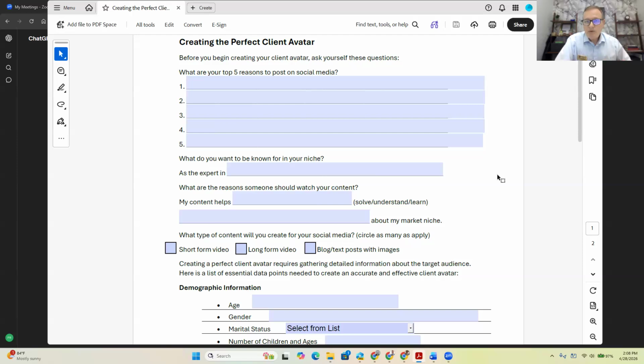Another way that you would use social media is to provide informational and educational content. Because if you want to build authority and credibility, it's through informational and educational content. And then the last reason is to supplement everything else you do.